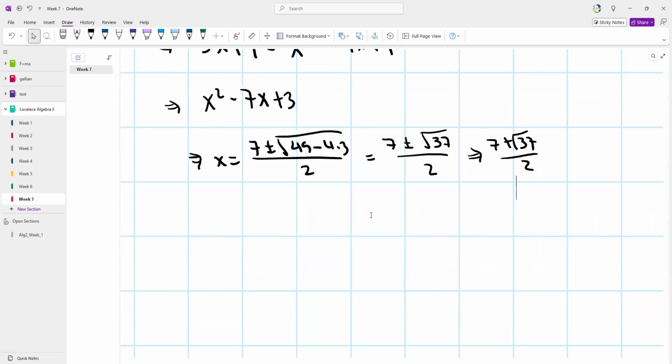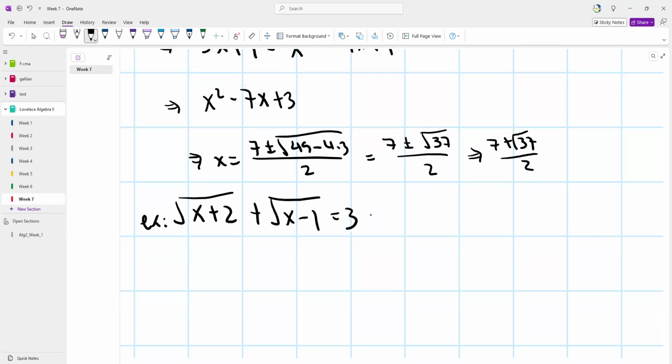Let's look at the square root of x plus 2 plus the square root of x minus 1 is equal to 3. And I know that you can find a way to guess and check, but let's do this the algebra way.